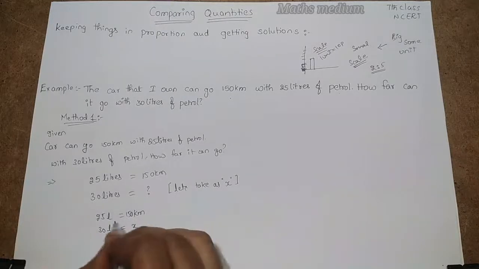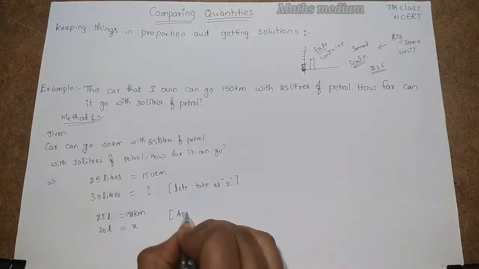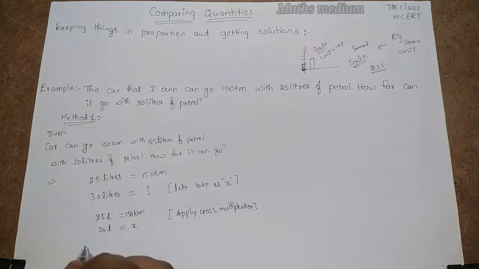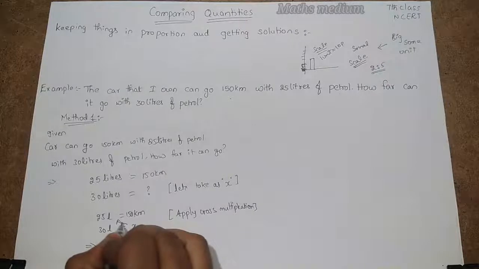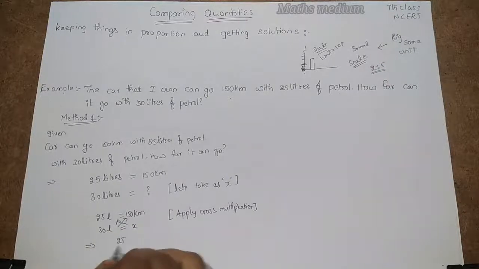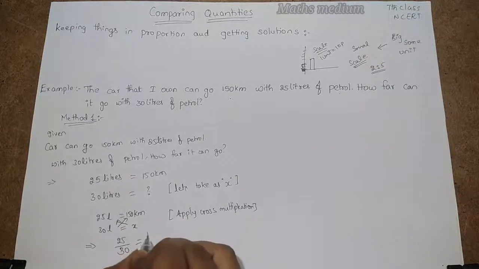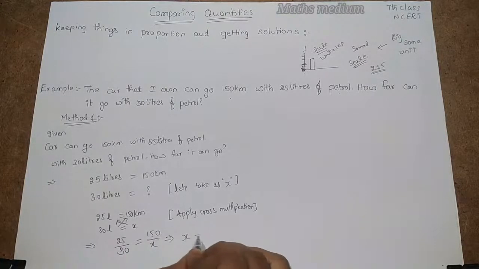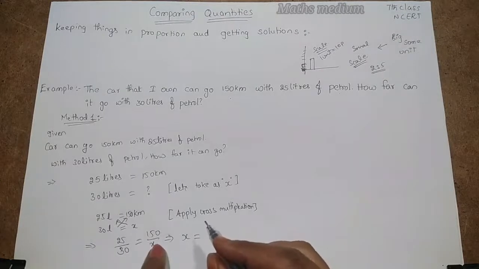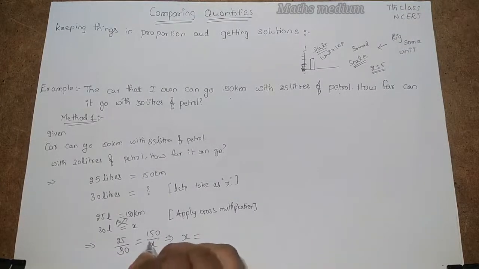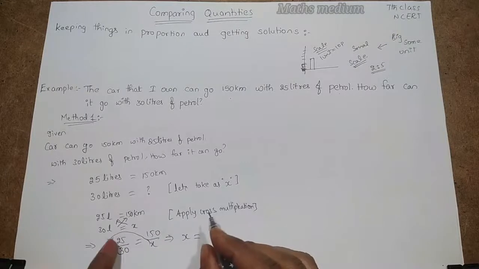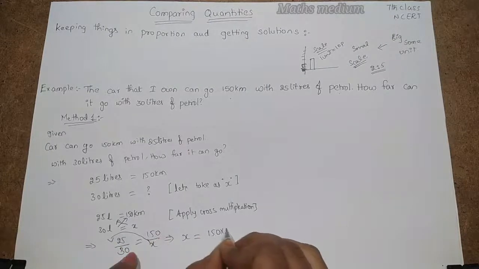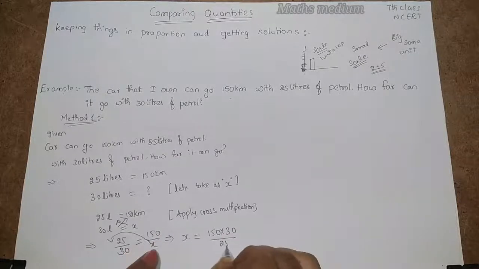Now apply cross multiplication. 25 by 30 is equal to 150 by x. Now we have to find x. Take this x to this side and take these two to the other side. So x is equal to 150 into 30 divided by 25.